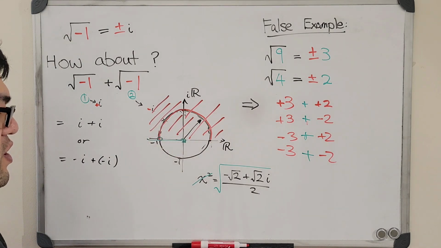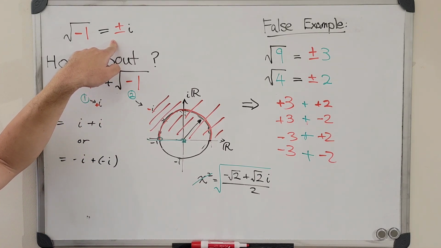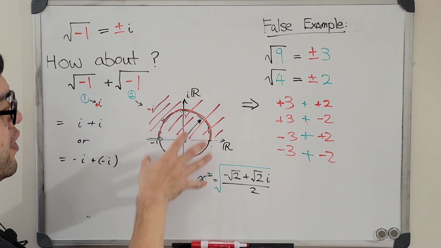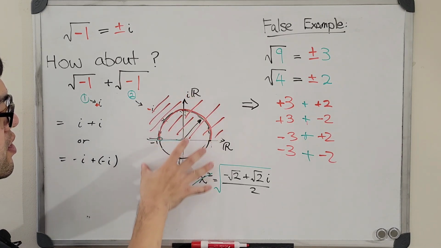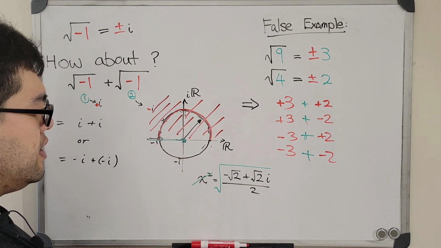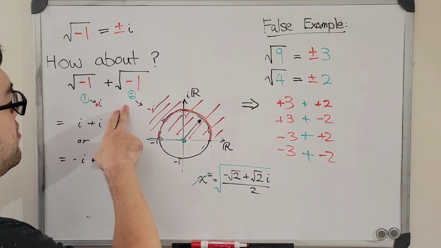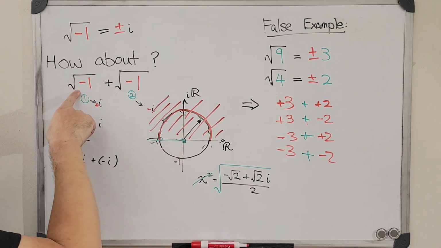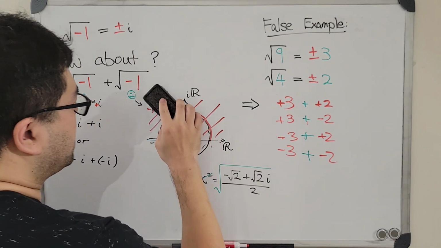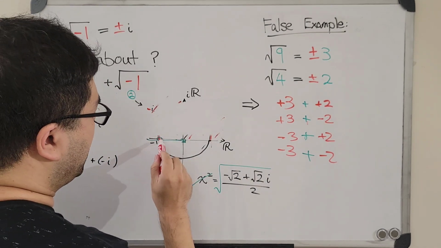So if we want to use -i as our principal value, it means that we just need to rotate or flip our branch cut as well as our principal domain. So for example, if we want this value ending up with -2i, instead of choosing the upper half plane to be our principal value, we will choose the lower half plane.